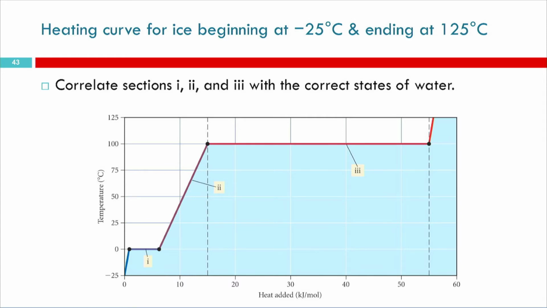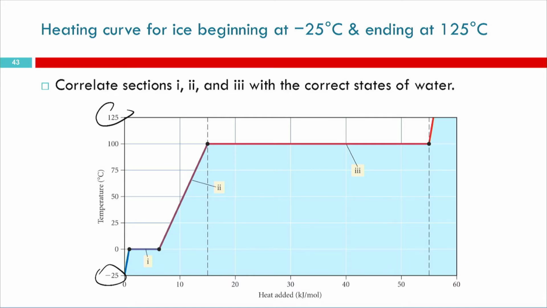The heating curve for ice. Sorry, this is the heating curve for ice beginning at negative 25 degrees C and ending at 125 degrees C. Let's go through and name these points. We have this first one, right? So we've gone from negative 25 up to 0.